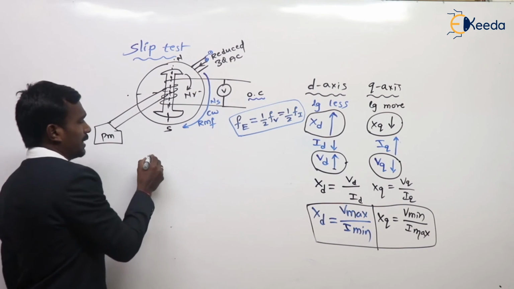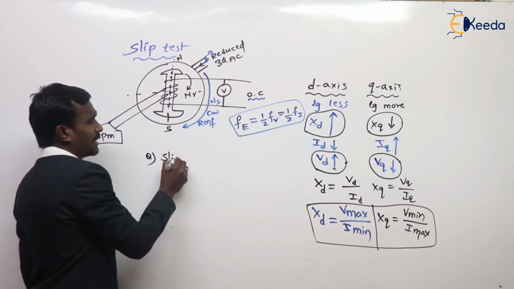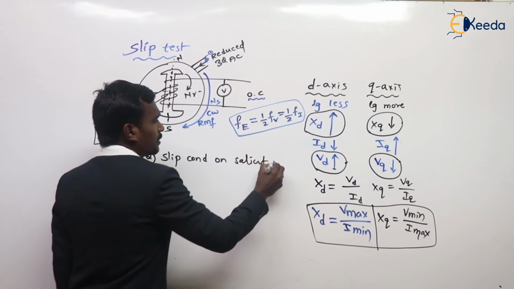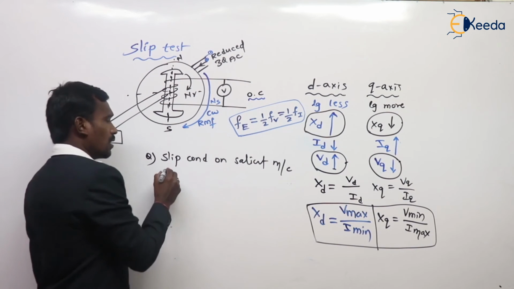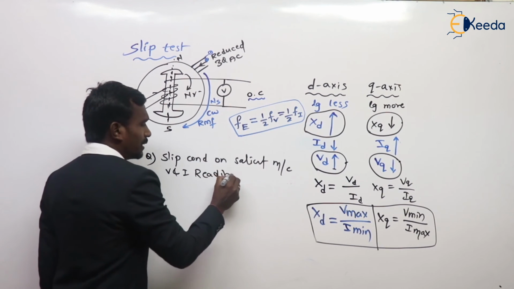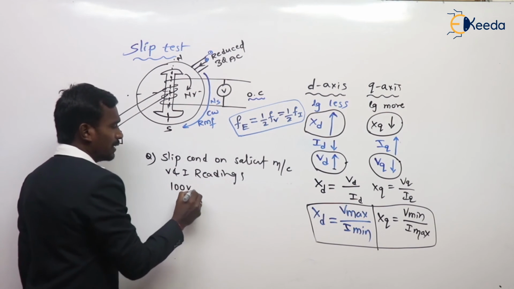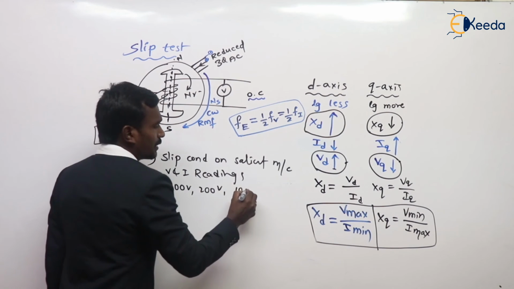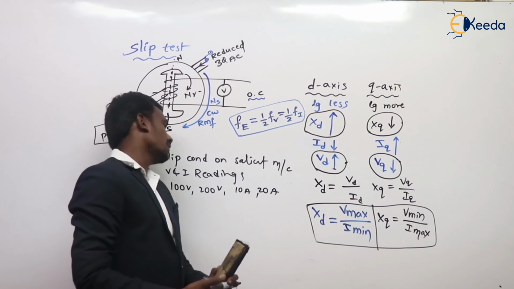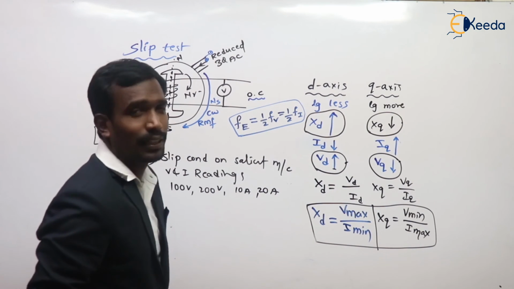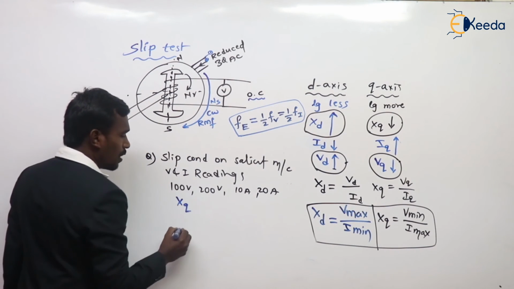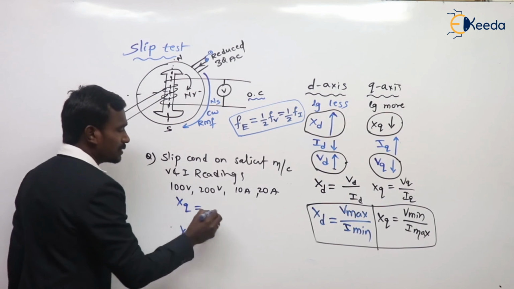For example, a slip test conducted on a salient pole machine, voltmeter and ammeter readings, 100 volts, 200 volts, 10 amperes, 20 amperes. Then find XQ and XD and the difference of those two.